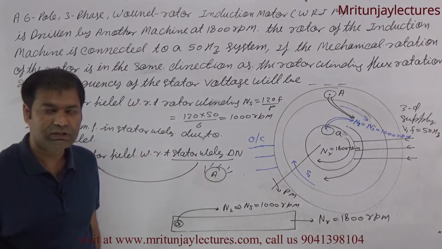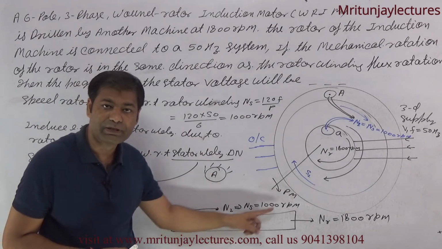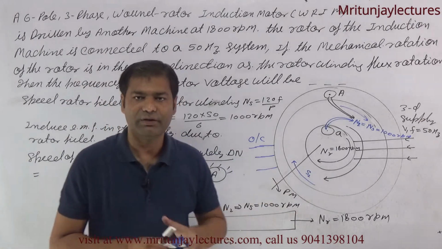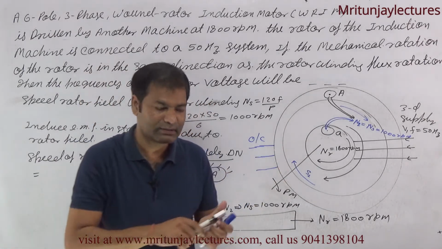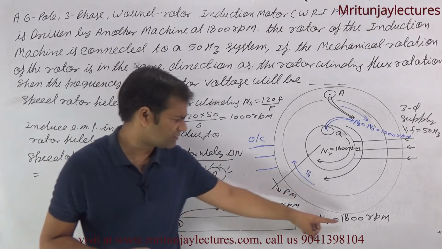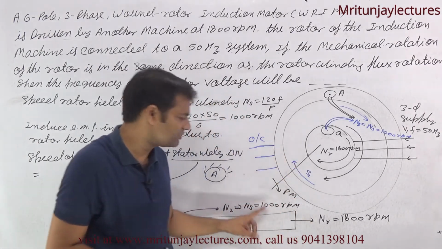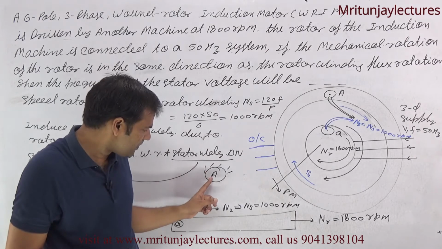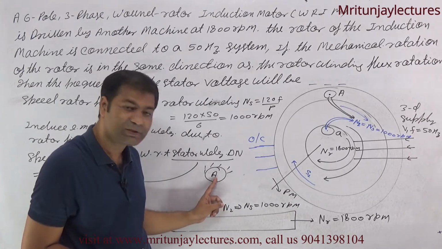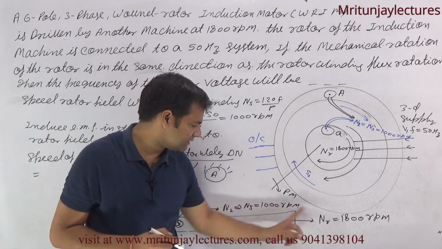If someone is sitting on this one, okay, then they see it moving at the speed Nr plus Ns, because both are in the same direction. If you consider a train, if you sit on the platform and a train moves like this one at 1800 rpm, and a boy runs on the train in the same direction, then this field moves with respect to the stator winding at 1800 plus 1000.